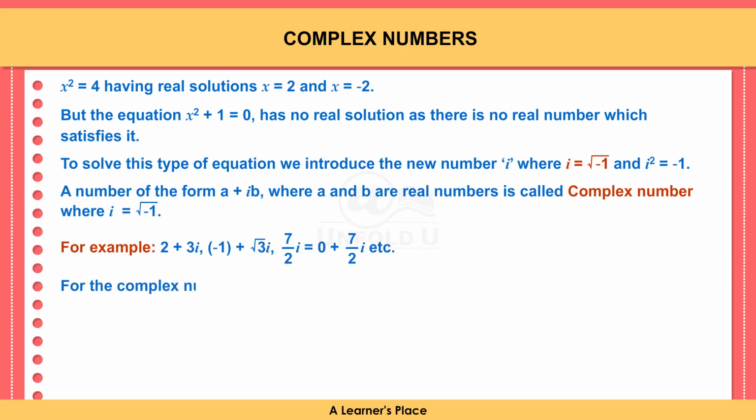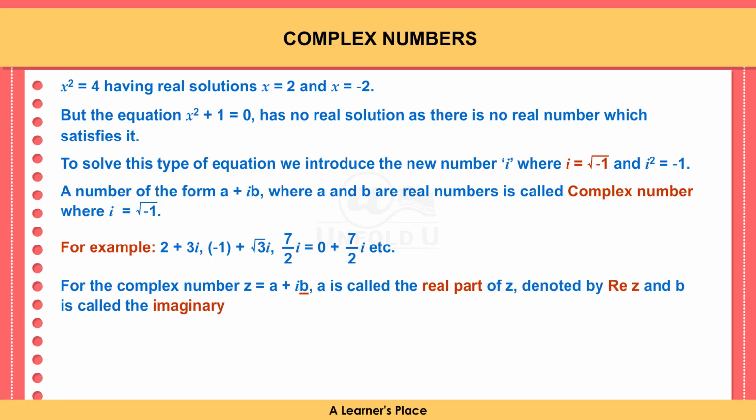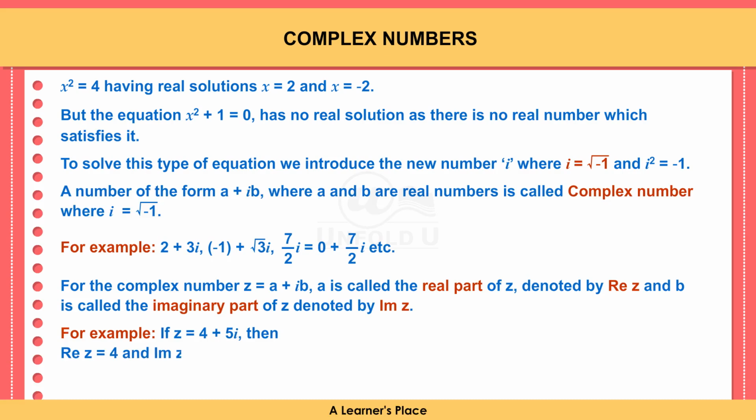For the complex number z is equal to a plus iota b, a is called the real part of z, denoted by Re(z), and b is called the imaginary part of z, denoted by Im(z). For example, if z is equal to 4 plus 5 iota, then the real part of z is equal to 4 and the imaginary part of z is equal to 5.